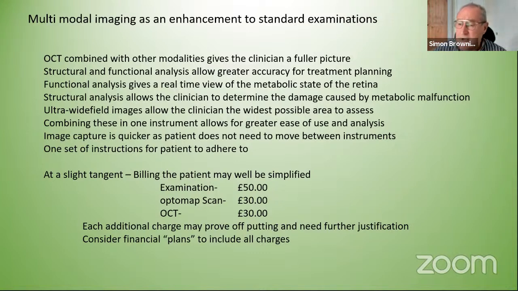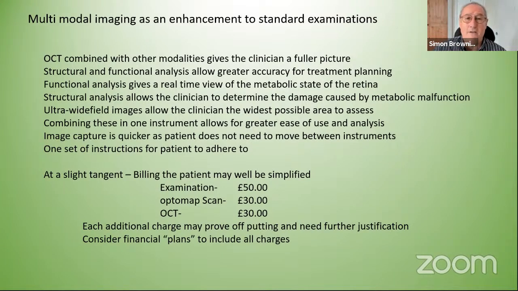And I would just like to touch on one little thing here, which is the billing. Everybody gets worked up about who pays what. One of the great things the Optos survey showed us, patients are willing to pay for these things. They want us to use them. They're willing to pay for them. But the problem is if you've got lots of different instruments and you say, well, we're going to charge you 50 for your examination and 30 for your Optomap scan and 30 for your OCT, patients just feel they're having things racked up on them sometimes.